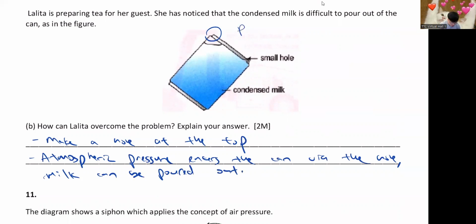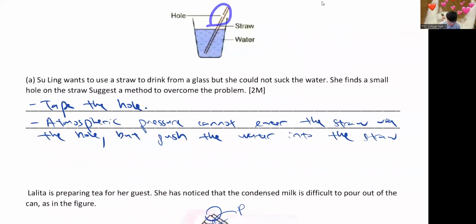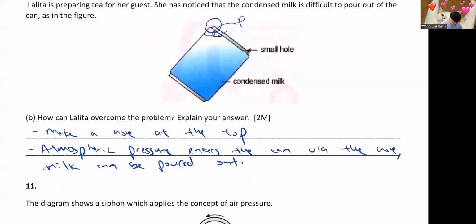That means the pressure will enter here. This is a similar concept to this, right? Because pressure goes in here. In this case, we don't want this to happen, but in this case, we want this to happen so that it can push the liquid out. So it's a similar concept.